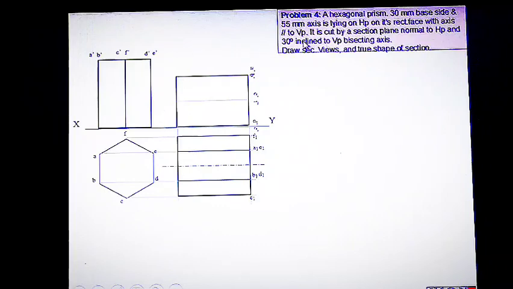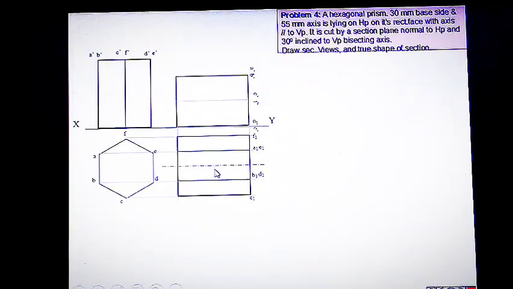The cutting plane cuts the solid at 30-degree inclined to vertical plane and bisecting the axis. So you have to mark the axis by using chain line and mark the midpoint of the axis. Bisecting the axis means the intersecting point is the midpoint of the axis.